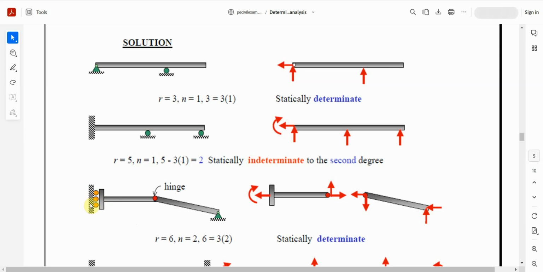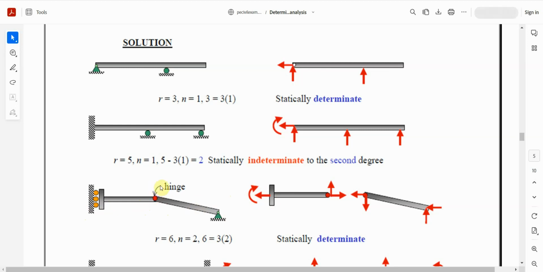We cannot treat it like a full fix, because a full fix member is supposed to have three unknown reactions. But for this particular case, this one has only two unknown reactions, that is for the vertical and horizontal movement. Now, it is restricted about fixed and horizontal movement.